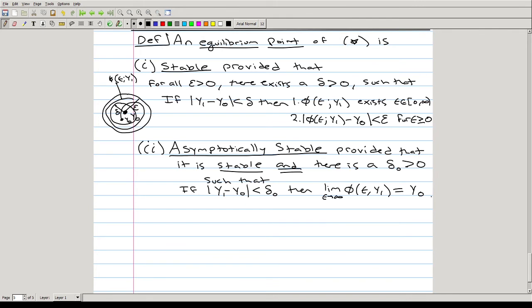But what this is saying is that for an asymptotically stable equilibrium point, there will always be a maximum region where, if you start close to the equilibrium point, you'll end up going to that equilibrium point. In the limit, the solution will evolve to be that equilibrium point.